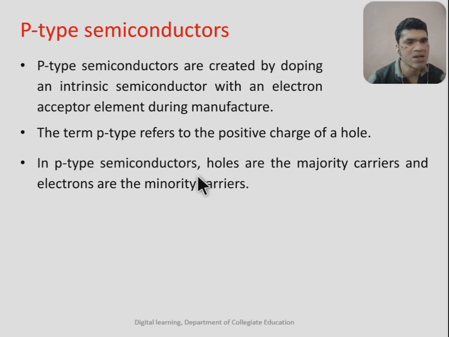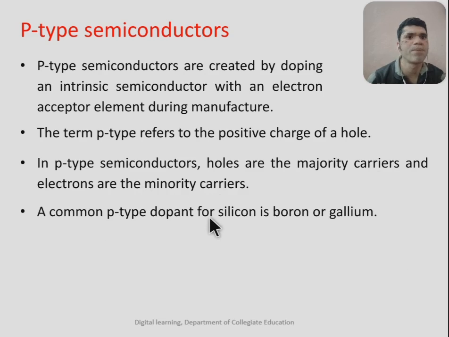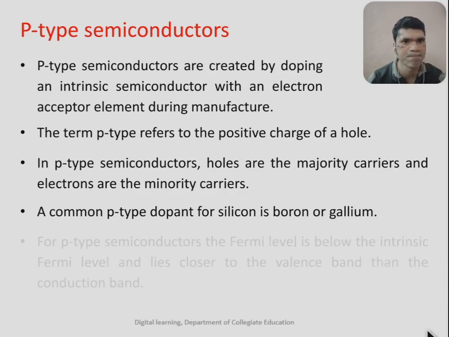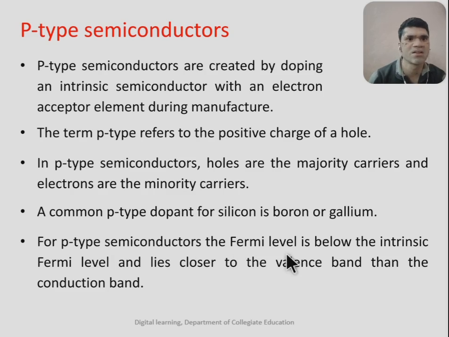In a P-type semiconductor, holes are majority carriers and electrons are the minority carriers. A common P-type dopant for silicon is boron or gallium. So here boron or gallium is doped into silicon to create a P-type semiconductor. For a P-type semiconductor, the Fermi level is below the intrinsic Fermi level and lies closer to the valence band than the conduction band. So this is about P-type semiconductors.